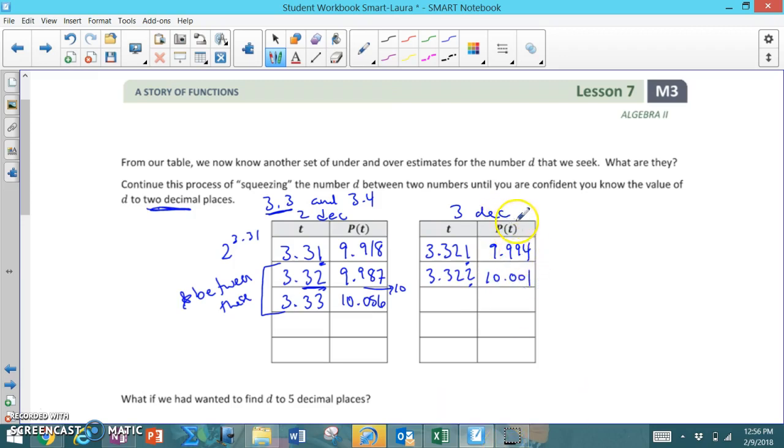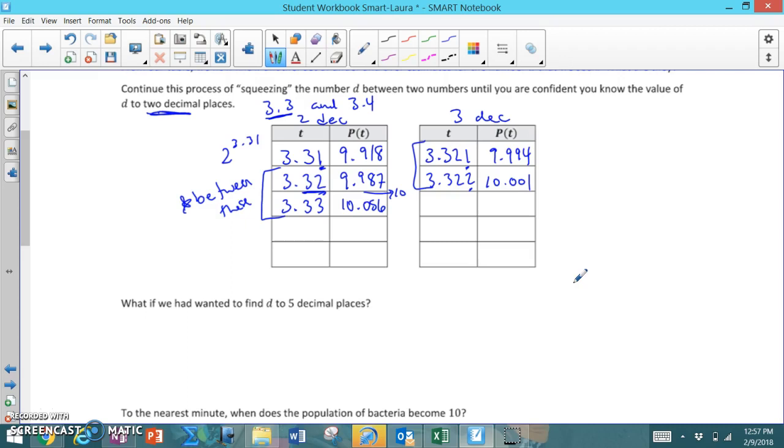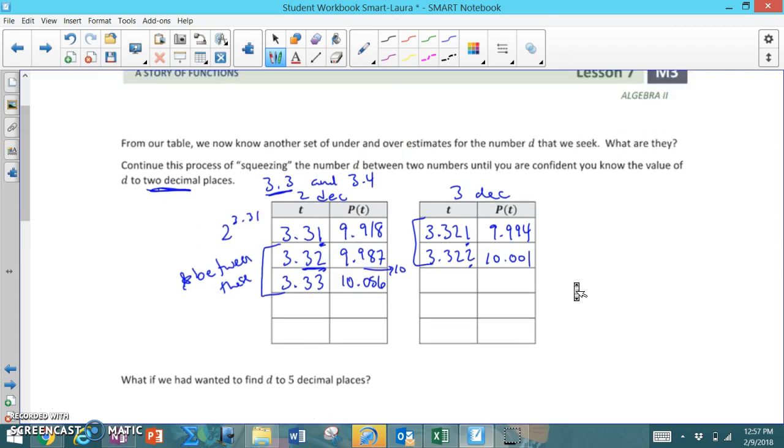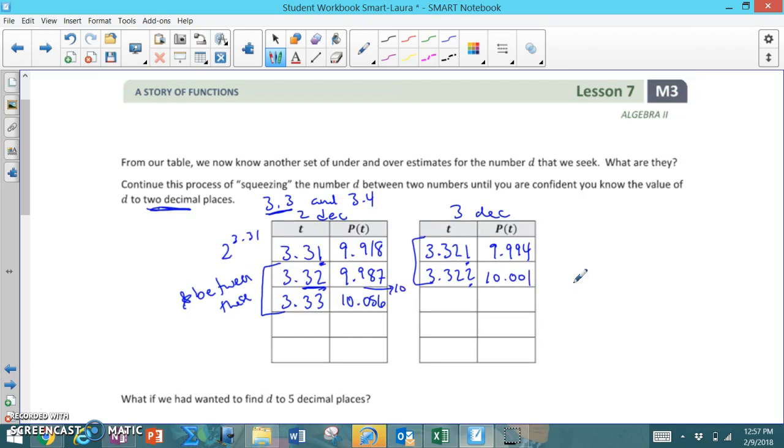So as I can see, for 3 decimal places, the most accurate answer I could come up with is that it's somewhere between 3.321 and 3.322 days. Obviously, if you want to go to 5 decimal places, you just continue this process to 4 decimal places and then to 5.